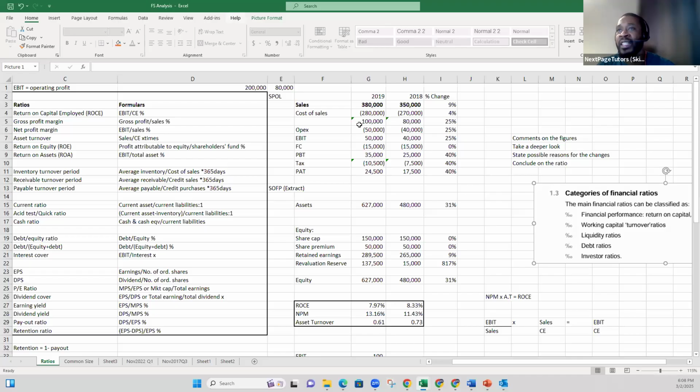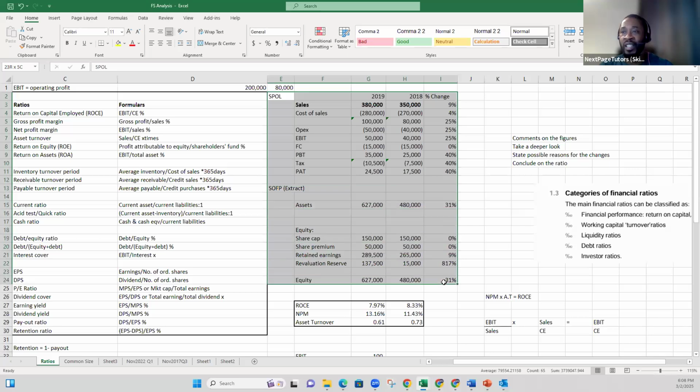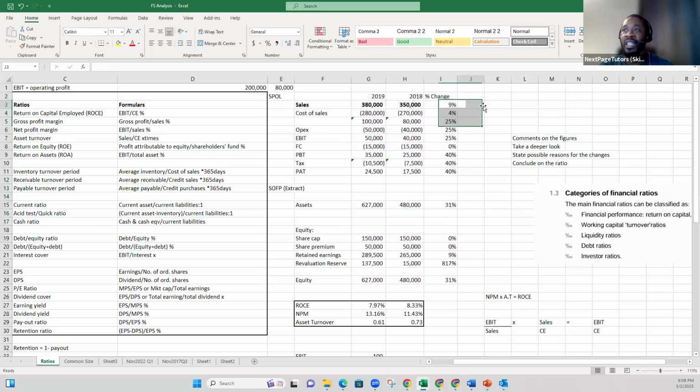Let me work with this same example first. It has an SOFP extract and an income statement extract. I have two years, 2018 and 2019, from sales down to profit after tax for the income statement.